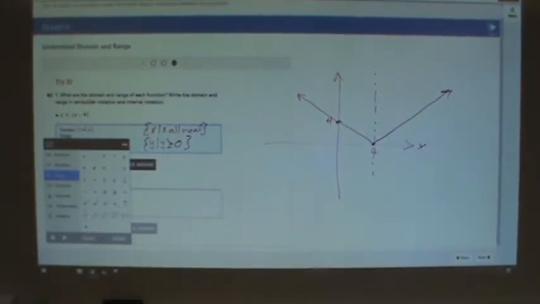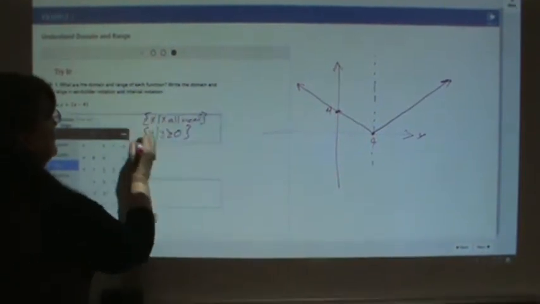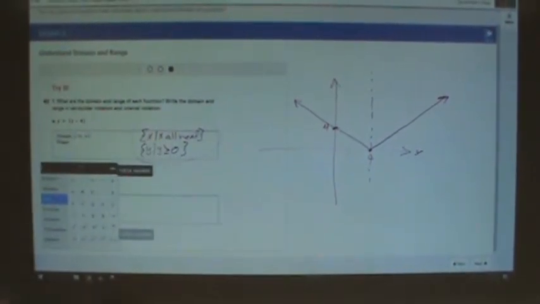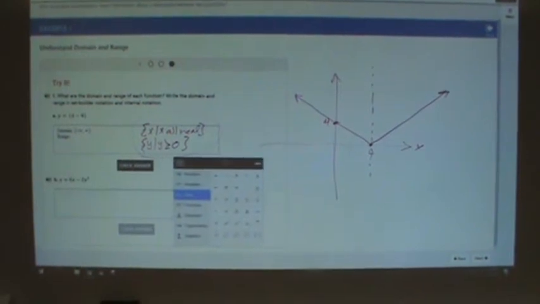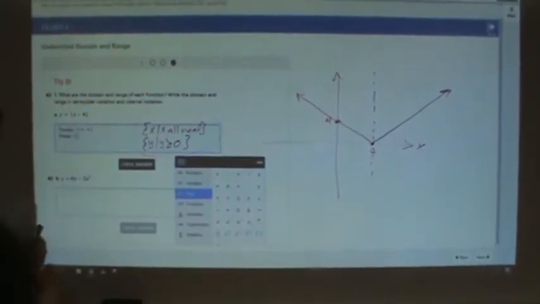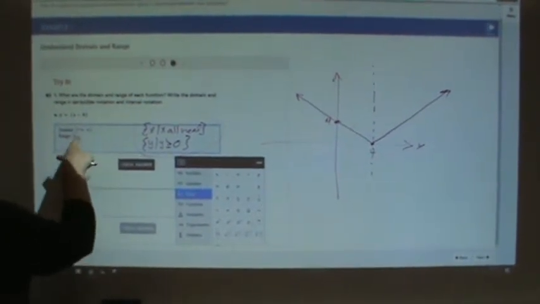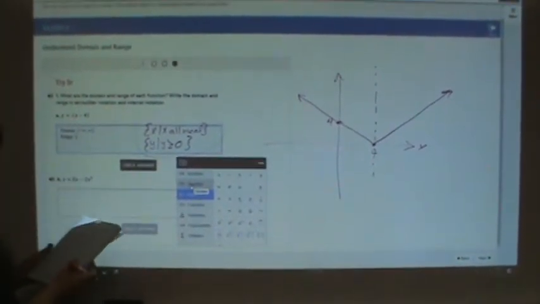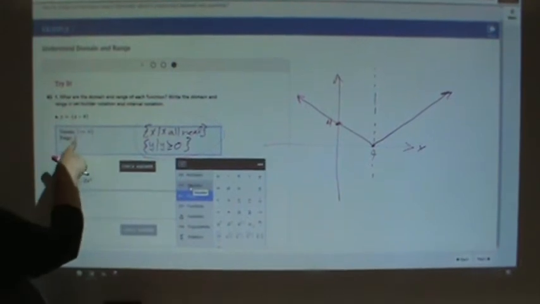I'm only going to have him type in half of it. You would type in this using your computer. All right, so the first thing to do is open parenthesis, and you're going to put in a 0. I'm sorry, it's a bracket.